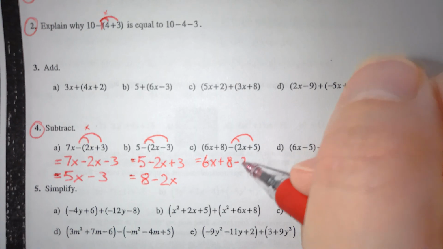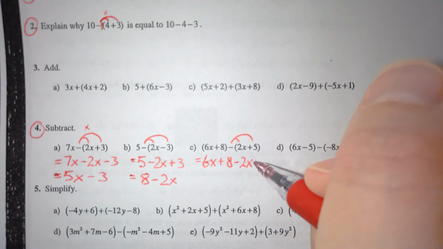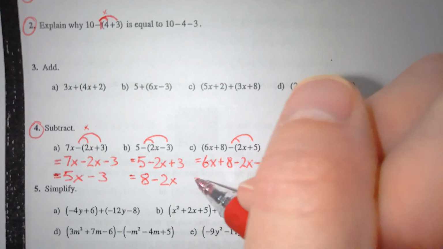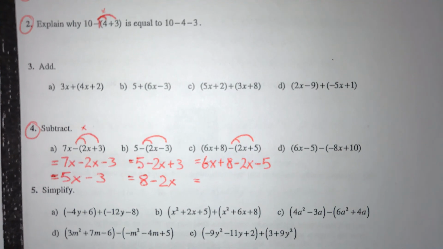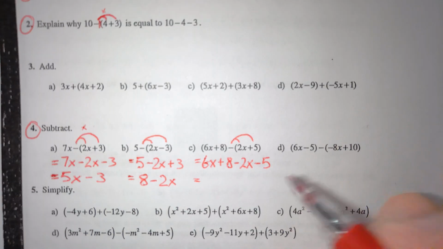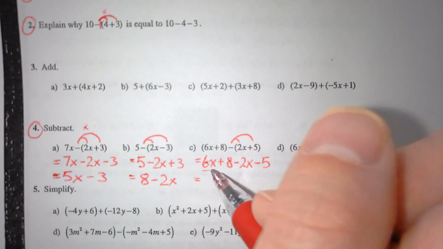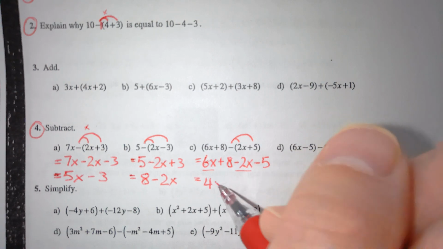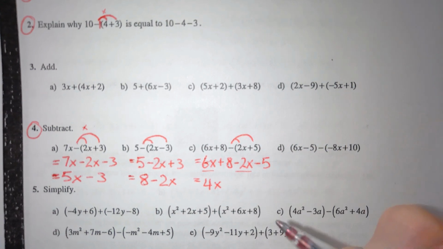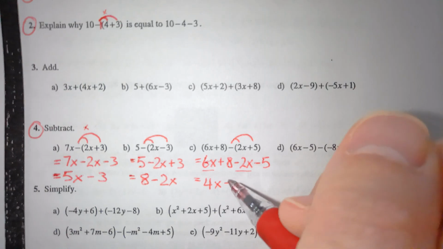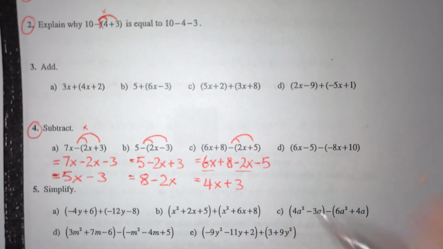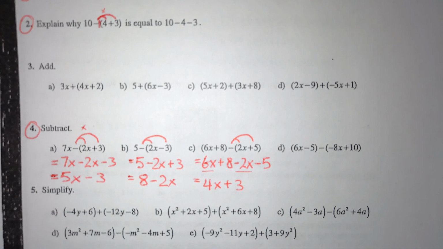Minus 2x and minus 5. Good. Okay, and then to simplify it, can you finish off the example for us? 4x. Good. Plus 3. Perfect. Yeah, and then the 8 and the -5 go together, so you have 4x plus 3.